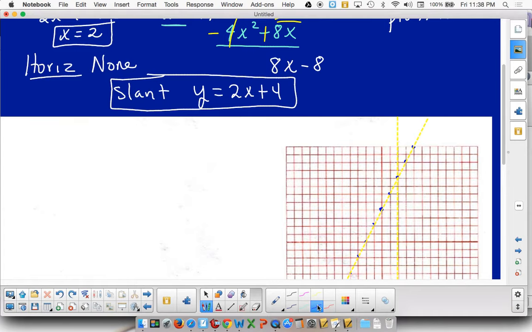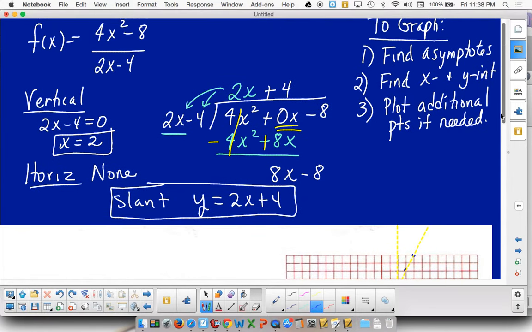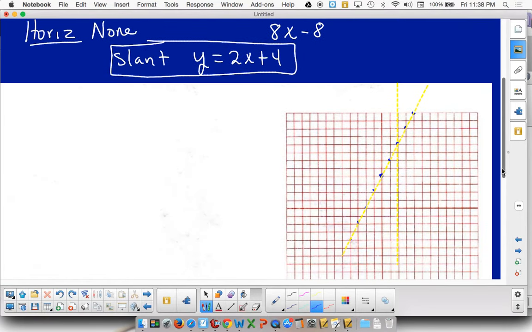So I need to get the actual equation back down here again: 4x squared minus 8 over 2x minus 4. And so if I'm going to do x and y intercepts, if you recall, this was back with lines.